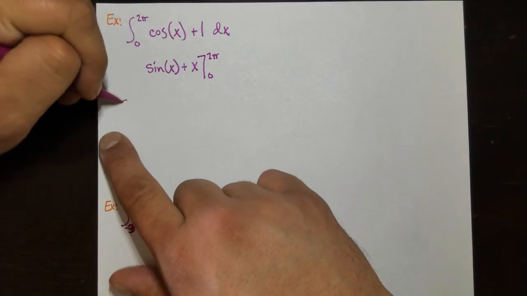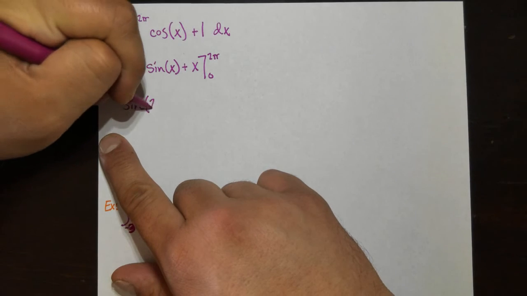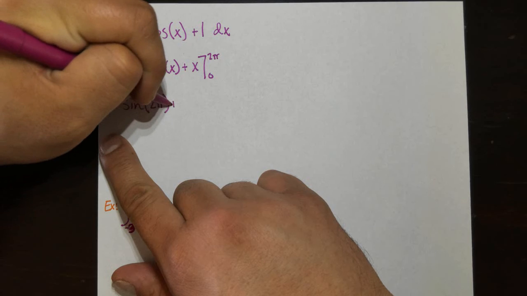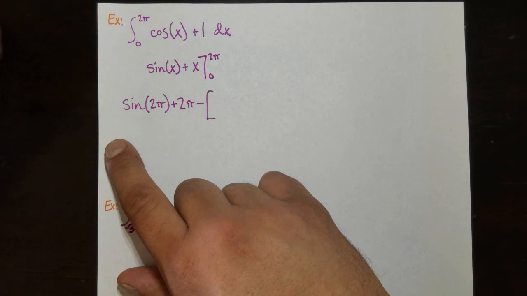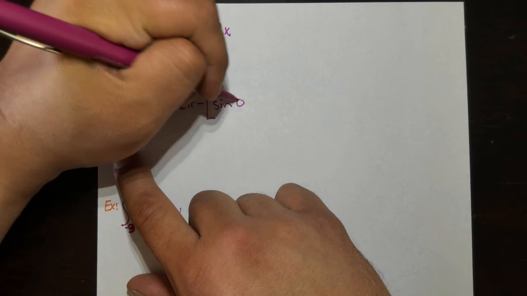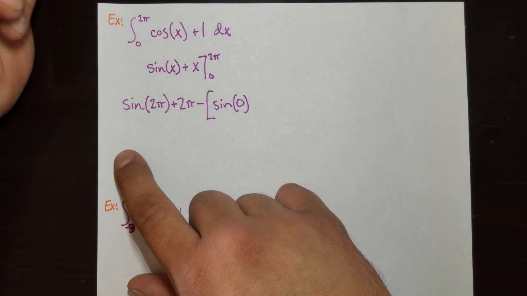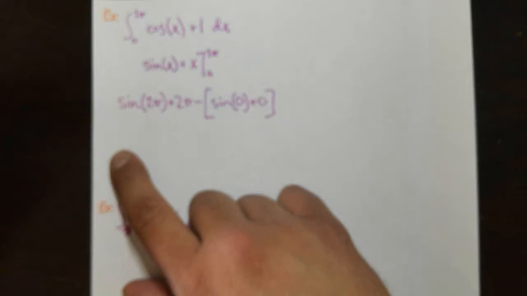So now we're going to have sine of 2 pi plus 2 pi, minus, and now we're evaluating at 0, sine of 0 plus 0. Awesome.